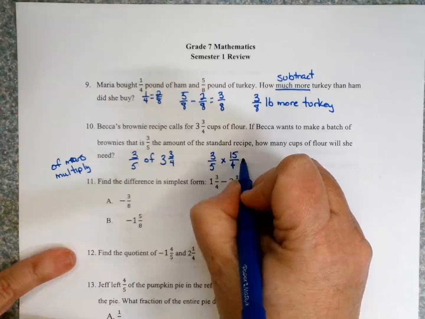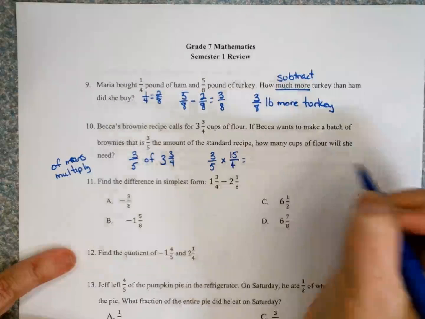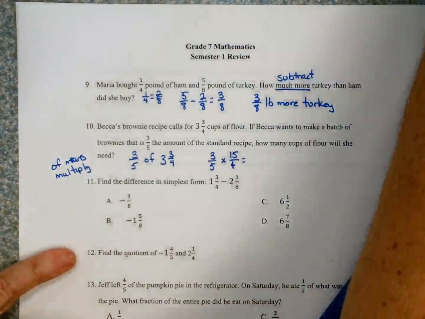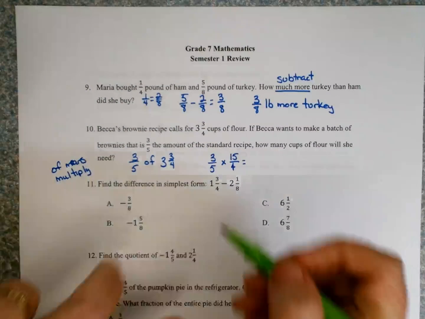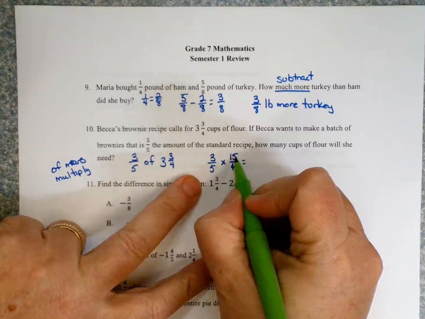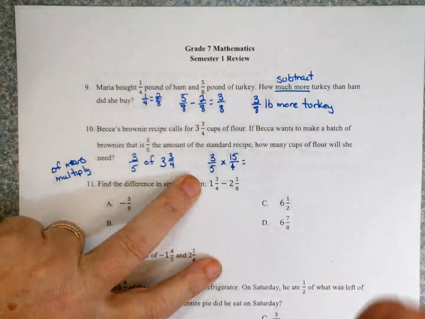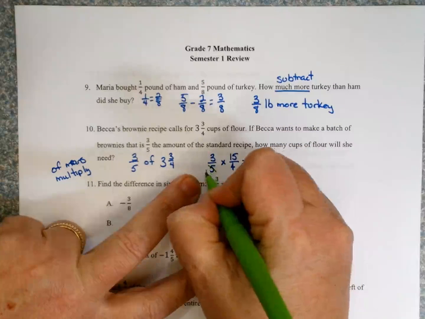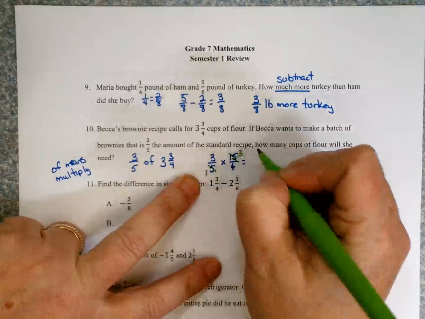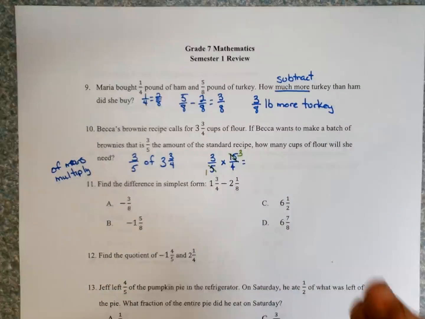Okay? So then I can cross cancel with this one. I'm going to grab another color so you can see what I'm doing. I can cross cancel here because I know that 5 goes into 15 3 times. So I can cross cancel that way.